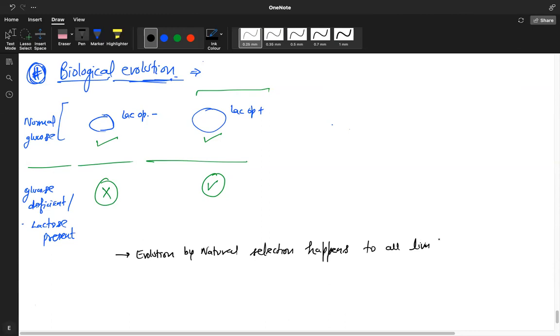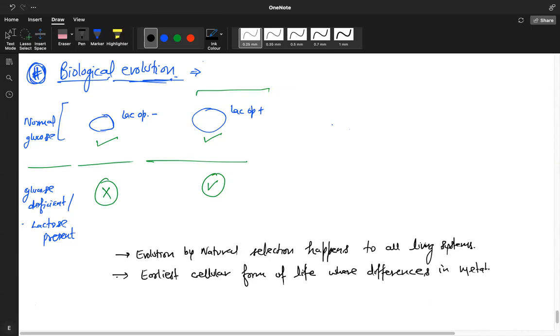It must have started with the earliest cellular form of life, where differences in metabolic capabilities originated.